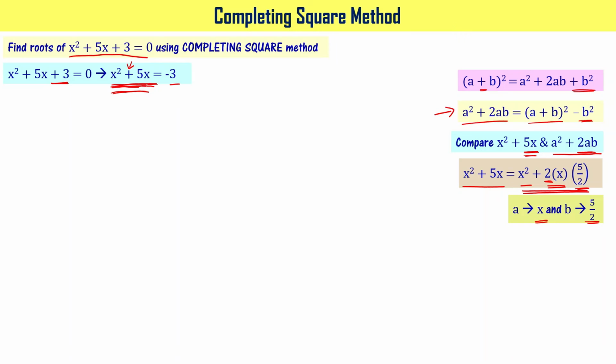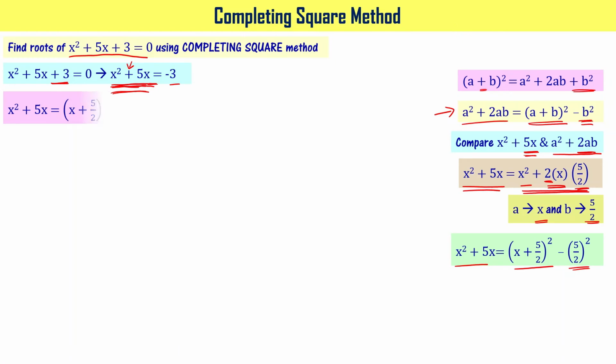Now let me make use of that and write this formula. a square plus 2ab equal to a plus b whole square minus b square, right? x square plus 5x is your a square plus 2ab. So a plus b whole square can be written as x plus 5 by 2 whole square, and minus b square can be written as minus 5 by 2 whole square, right? Let us take a note of this. When you look at this, if I transpose minus 5 by 2 whole square to this side, then the equation can be written as x square plus 5x plus 5 by 2 whole square equal to x plus 5 by 2 whole square.